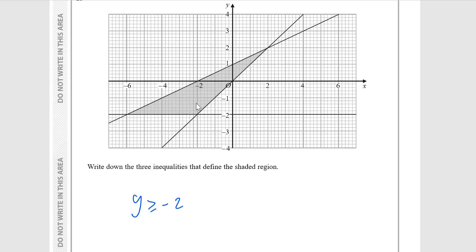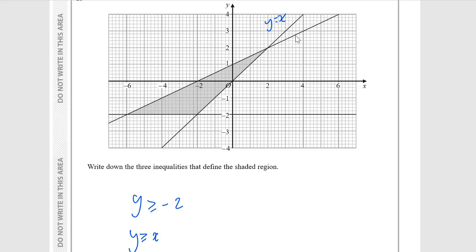And then we can see that this follows the y equals x line here. So we can say y is going to be greater than or equal to x, because that's the shaded region. And then finally we can work out an inequality for the line graph here.